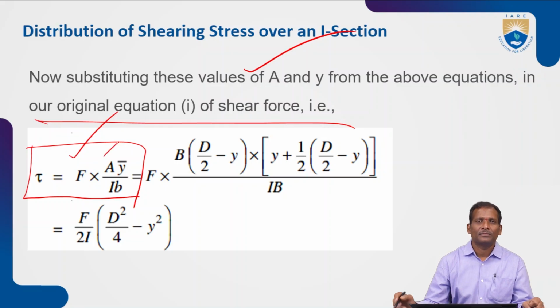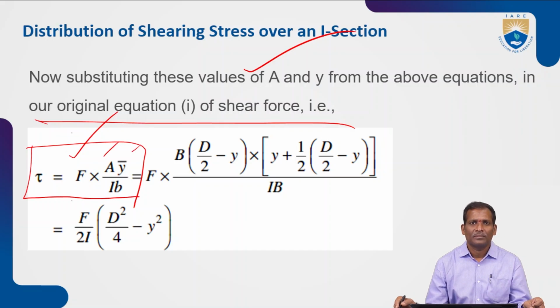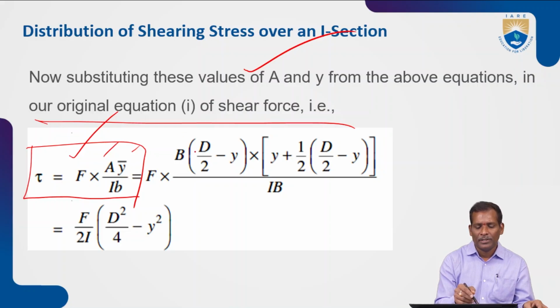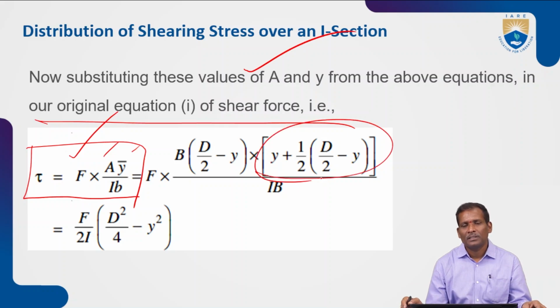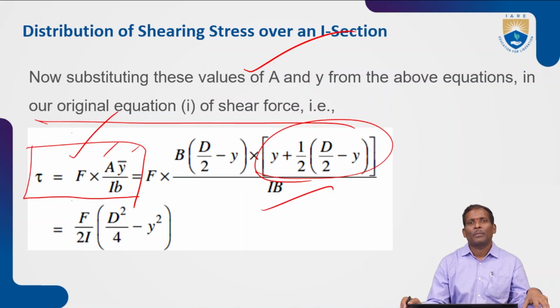So A is B into d by 2 minus y, multiplied with y bar, y plus half of d by 2 minus y, divided by I b. So this gives F by 2I multiplied with d square by 4 minus y square.